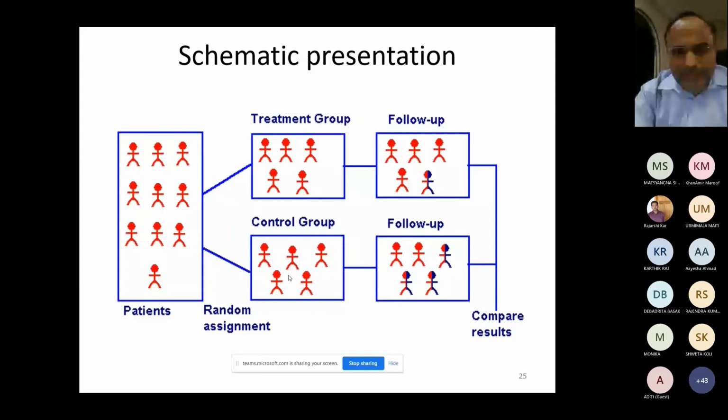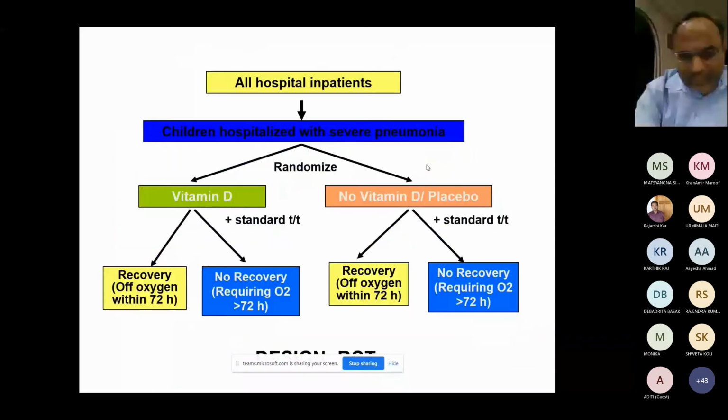We will assign them to groups by some method which may be called randomization and then follow them up over a period of time. So this is the longitudinal component and you compare the results. कि इसमें you can see that there are 3 here out of 5. 1 is treated, so you can compare statistically.